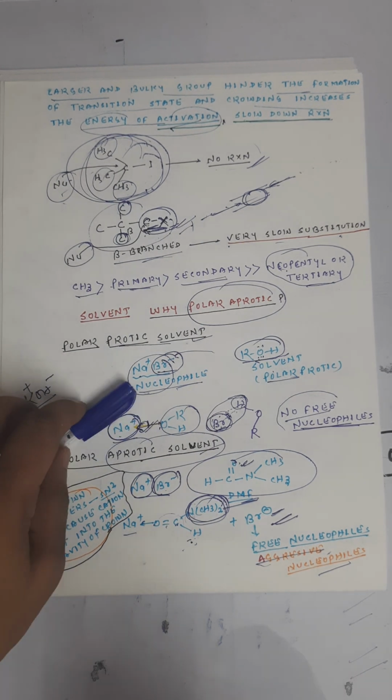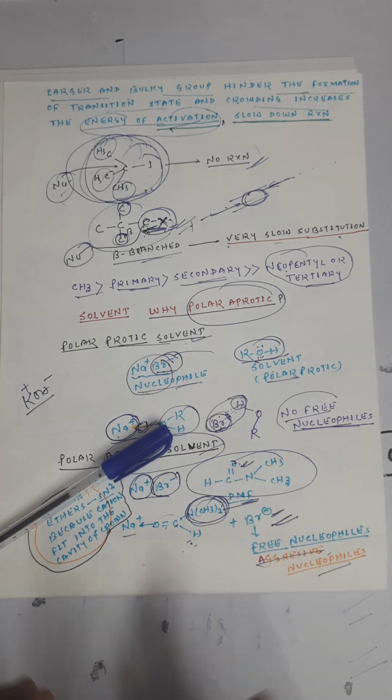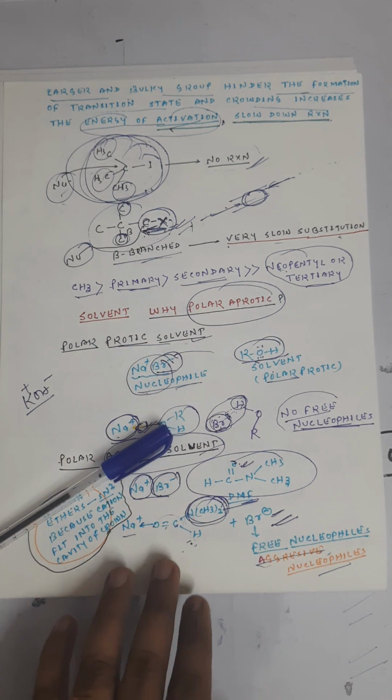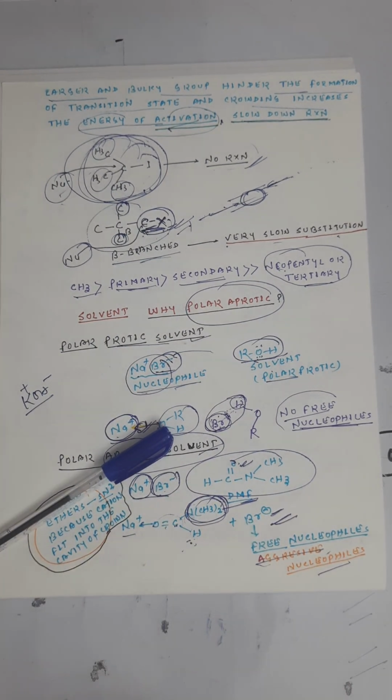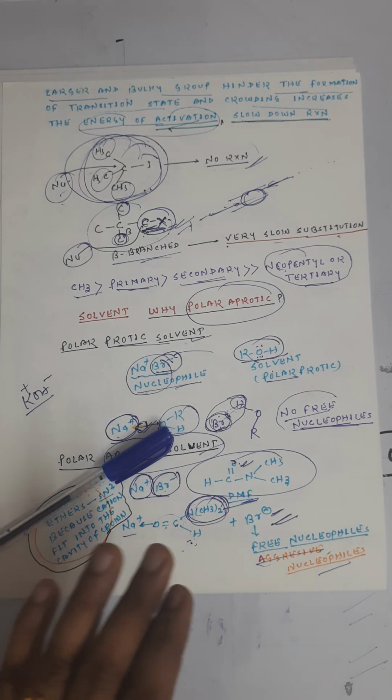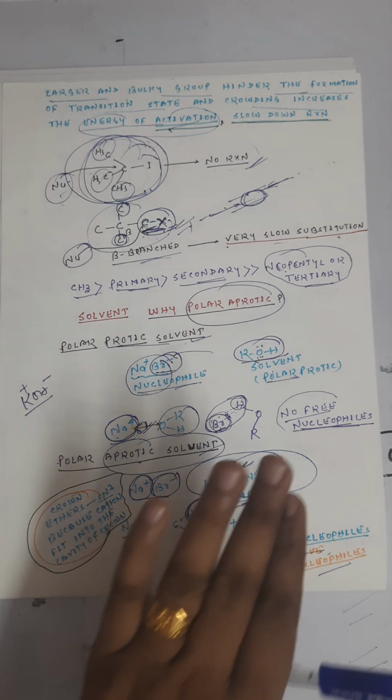So in the polar protic solvent, no nucleophile is free, hence no reactant will easily convert into the product. But in the polar aprotic solvent, there is a free nucleophile, meaning an aggressive nucleophile will form. As a result, that will be involved in SN2 reactions.